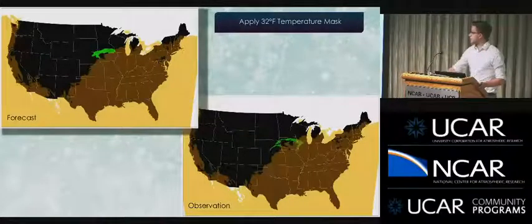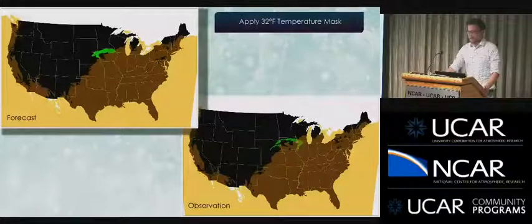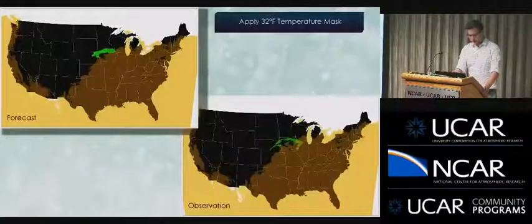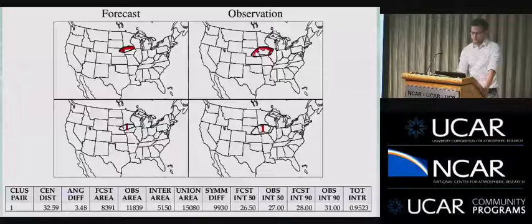And we still apply our 32 degrees Fahrenheit temperature mask. If at least 50% of the object falls in the above 32 degree region, we essentially just toss it out. But then instead of fitting bounding boxes to those features, we're going to input those features into MODE.